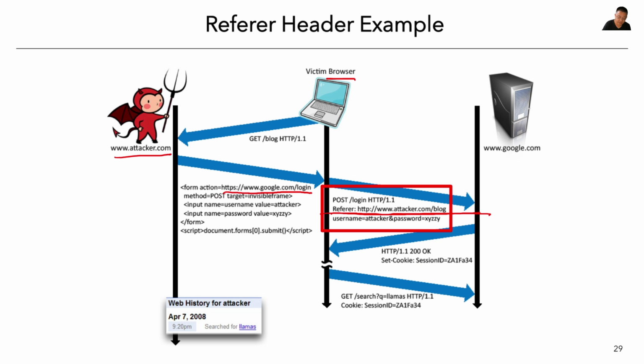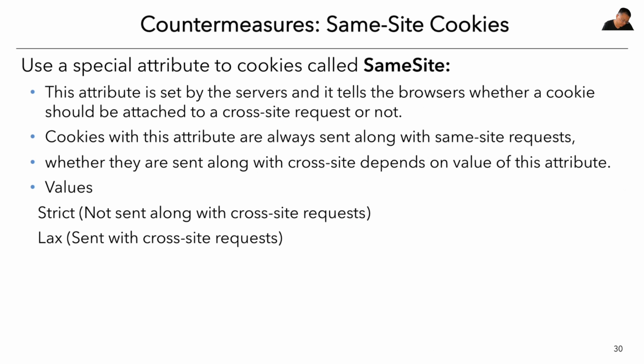So we should reject this, right? Because this is different from google.com, we can reject this request because it comes from an external source or a third-party request. So the referral header can be very helpful in defending against cross-site request forgery. So the second kind of measure is called same-site cookies.